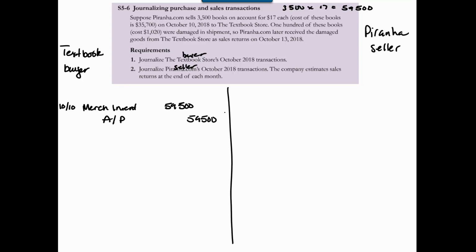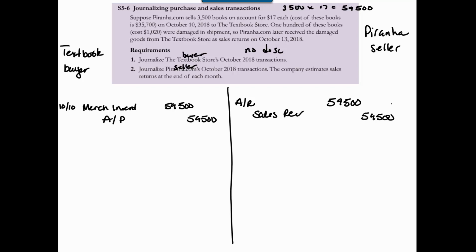That same transaction for the seller is going to be, they're going to debit accounts receivable, but not for the... We're going to assume, oh no, sorry, they don't mention anything about discount. So we don't have to worry about them taking a discount because we don't have that here. So they say, okay, you owe me $59,500, and I credit sales revenue for $59,500.